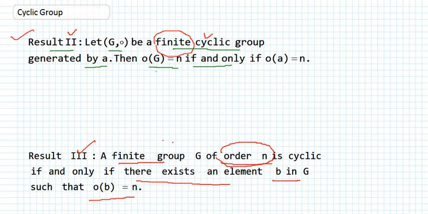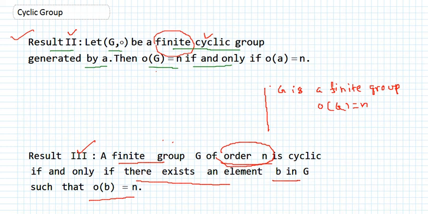So G is a finite group, and the order of G is given as n.